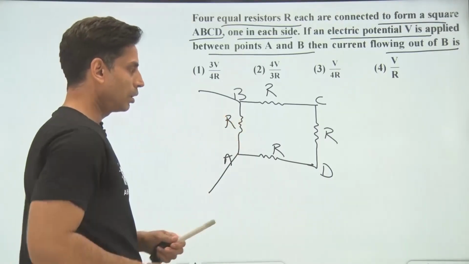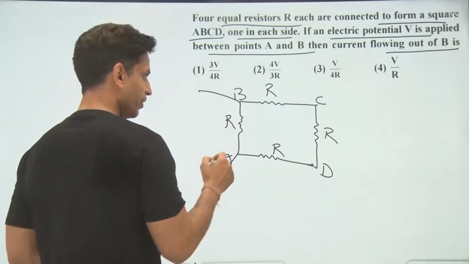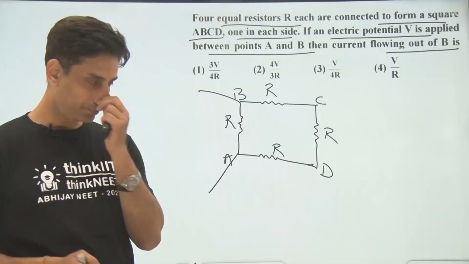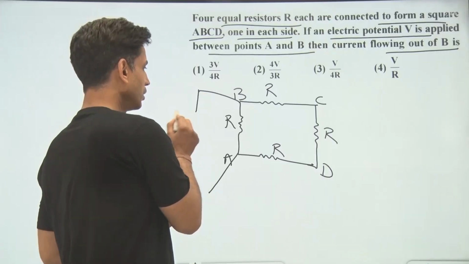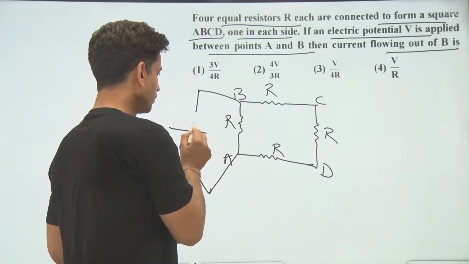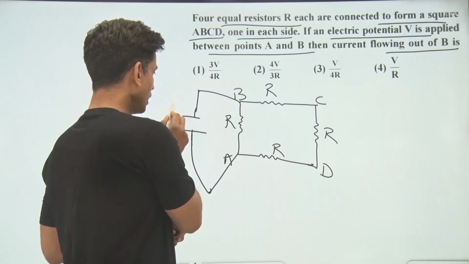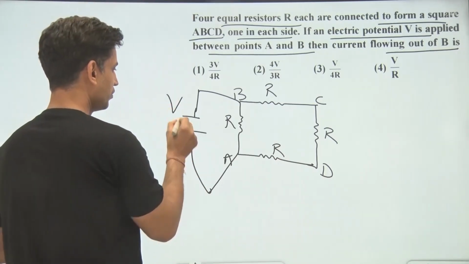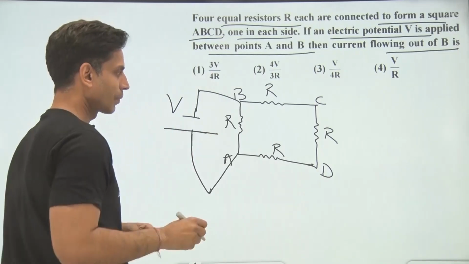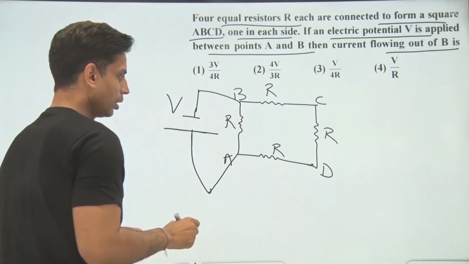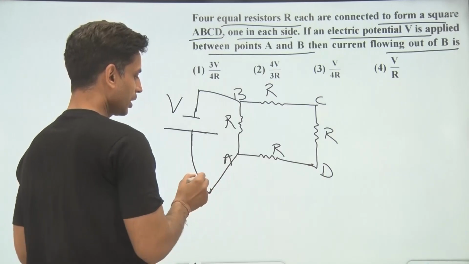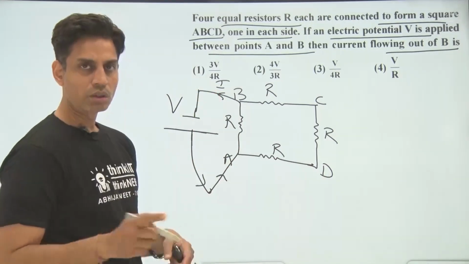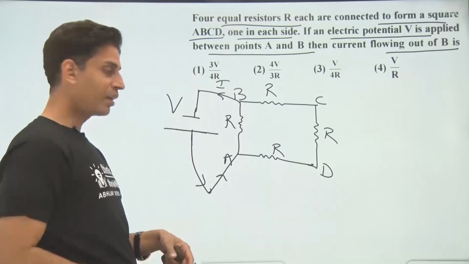Now look at the diagram. We have to calculate the equivalent resistance for this given circuit. The potential V is applied between these 2 points. So the current I is entering and the same current I will come out at the other terminal of the battery.